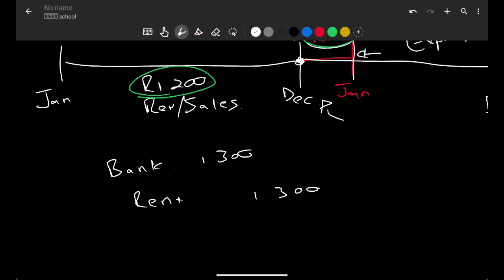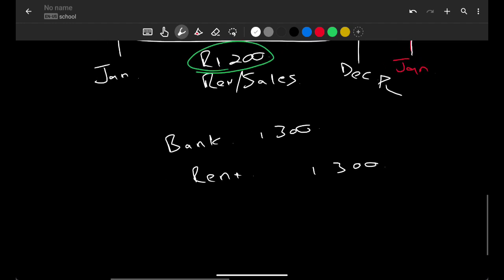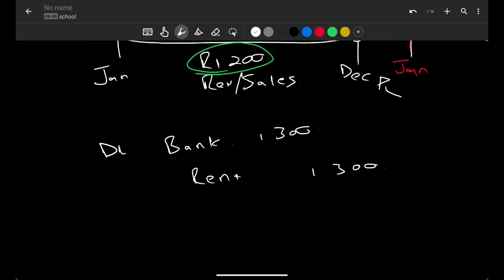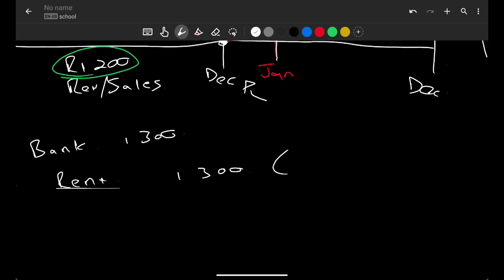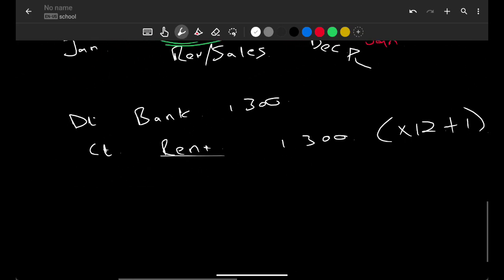1,300, right? Now remember, this money we can't consider it as rent because our year consists of 12 months, but then here he's given us, or she has given us, an extra month, so we have to remove this extra month.